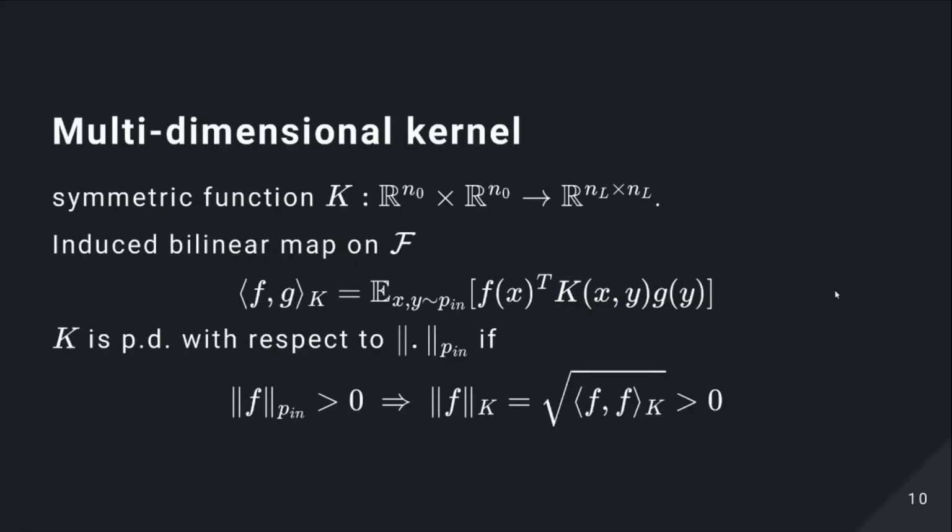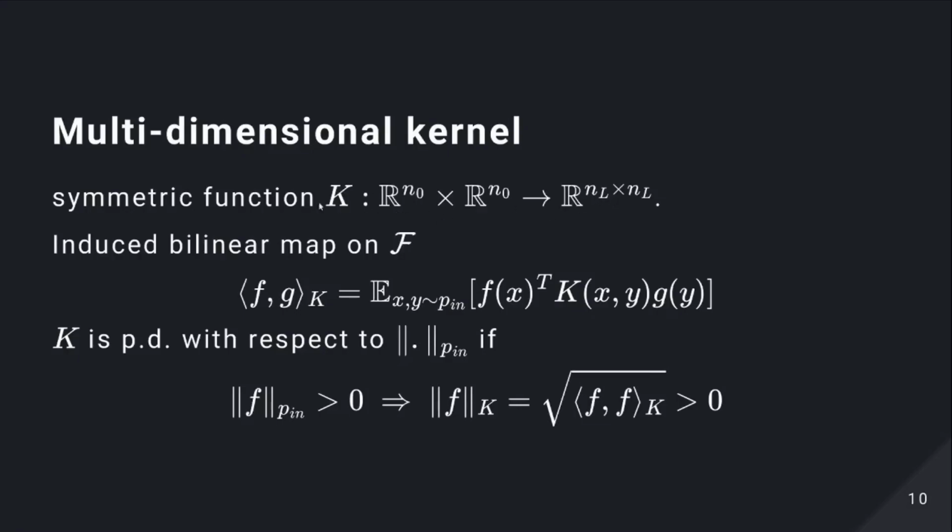The one last piece I need before actually moving into the NTK is that, let's define a multi-dimensional kernel. So it's a kernel function, but with more dimensions. We'll define this as a function that takes two inputs and outputs a matrix, in R^(n_L x n_L), where this is the output dimension.